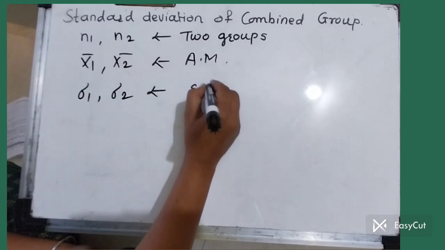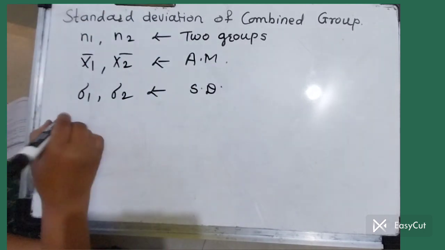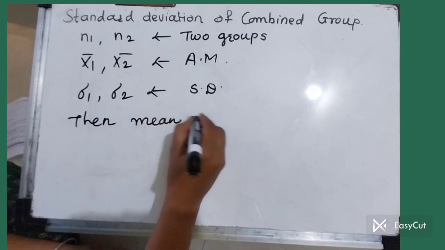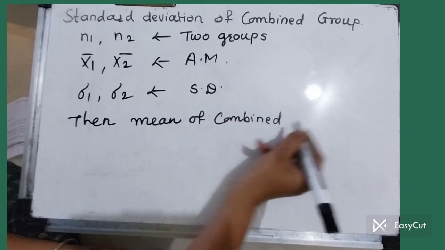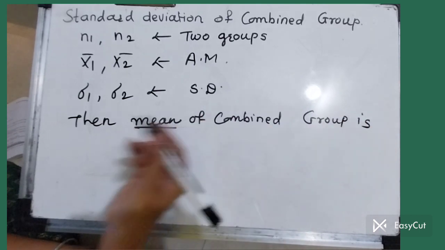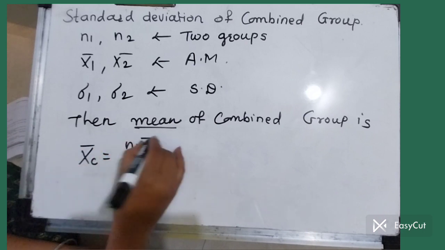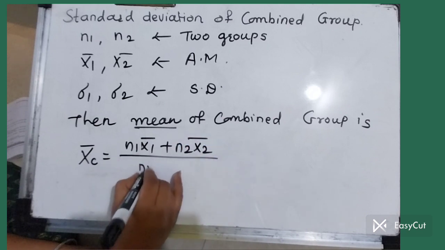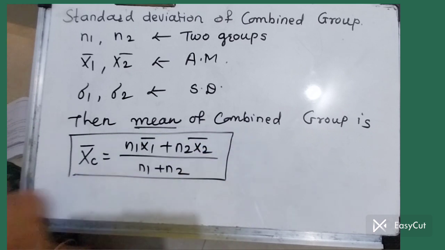Then the mean of combined group is xc bar equal to n1 x1 bar plus n2 x2 bar divided by n1 plus n2. This is the mean of combined group.